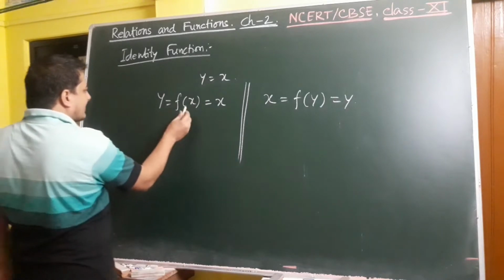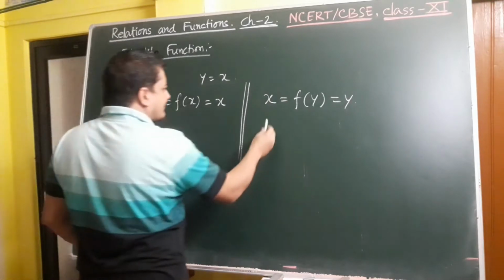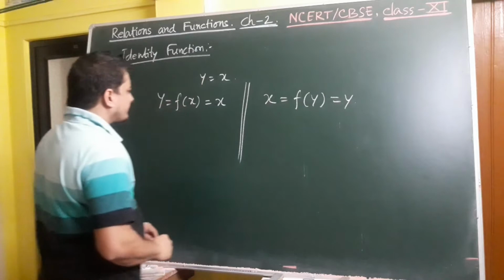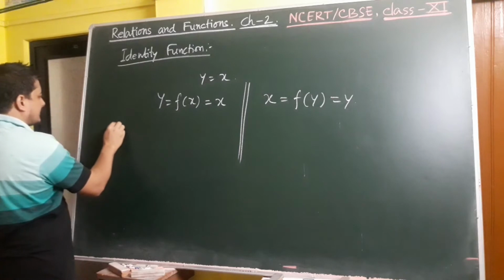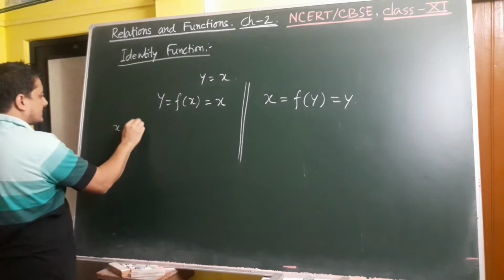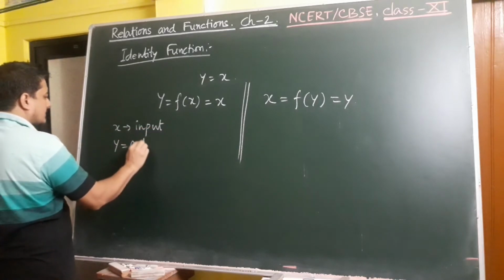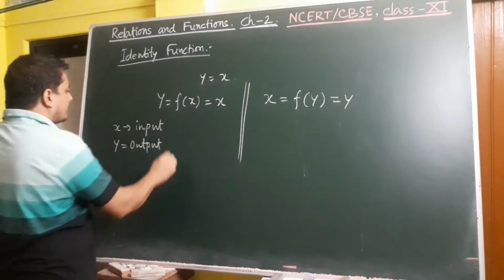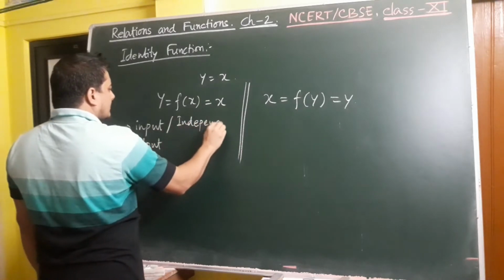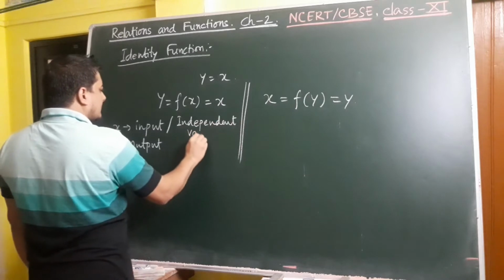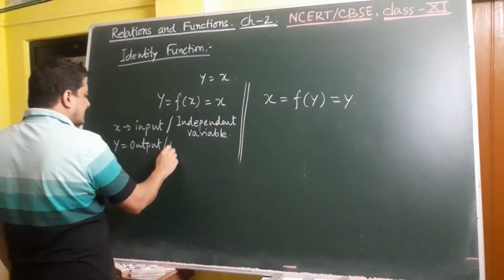Here I am writing y as a function of x, and here I am writing x as a function of y. Now what is the difference? Here x is input, and y is output. Input, or you can call it independent variable, and this y is a dependent variable.